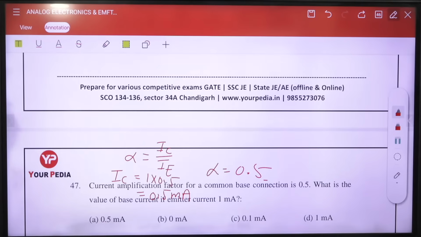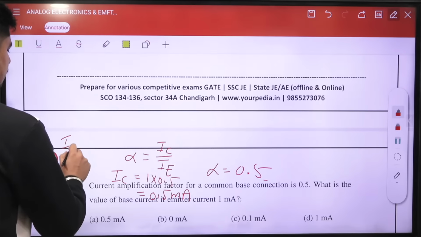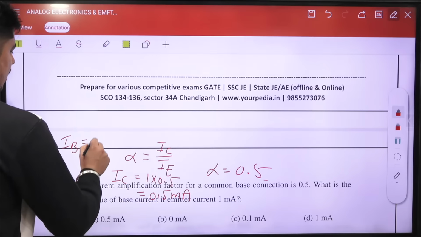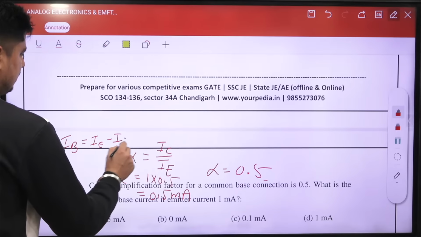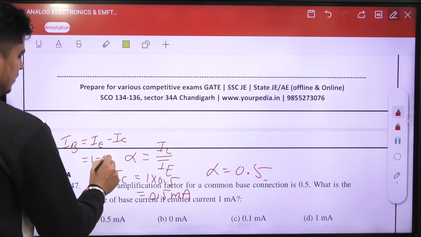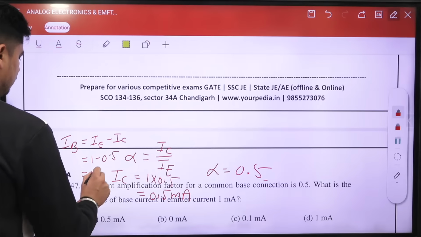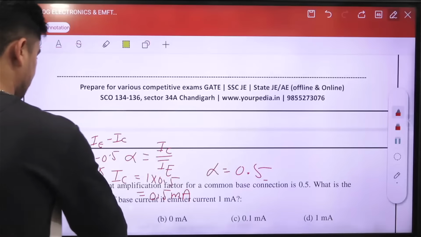That is your IC. And your IB is going to be IE minus IC, 1 minus 0.5, that is 0.5 milliamp.